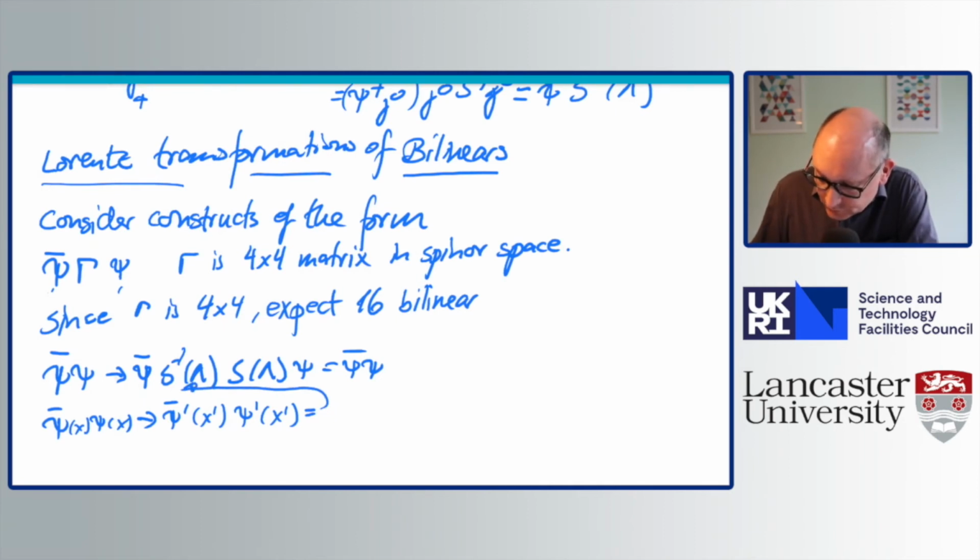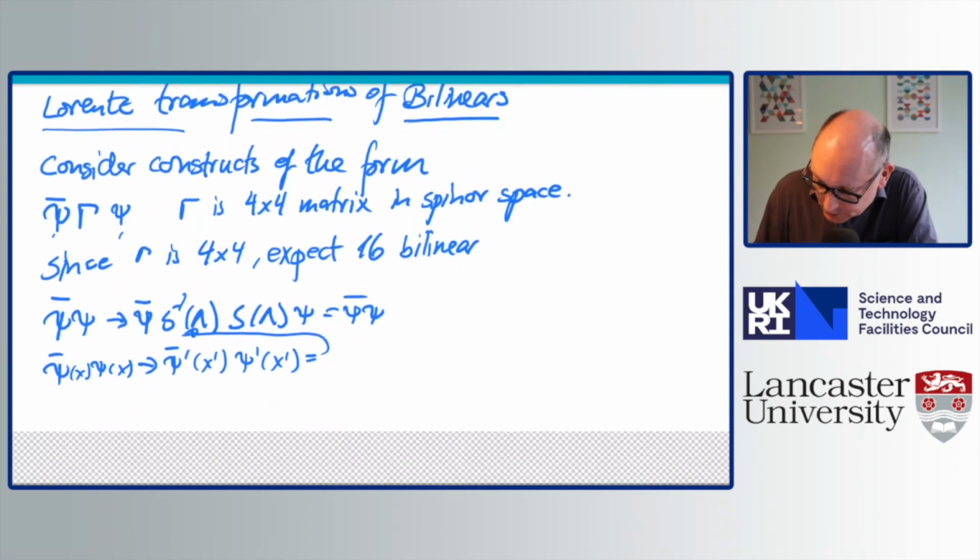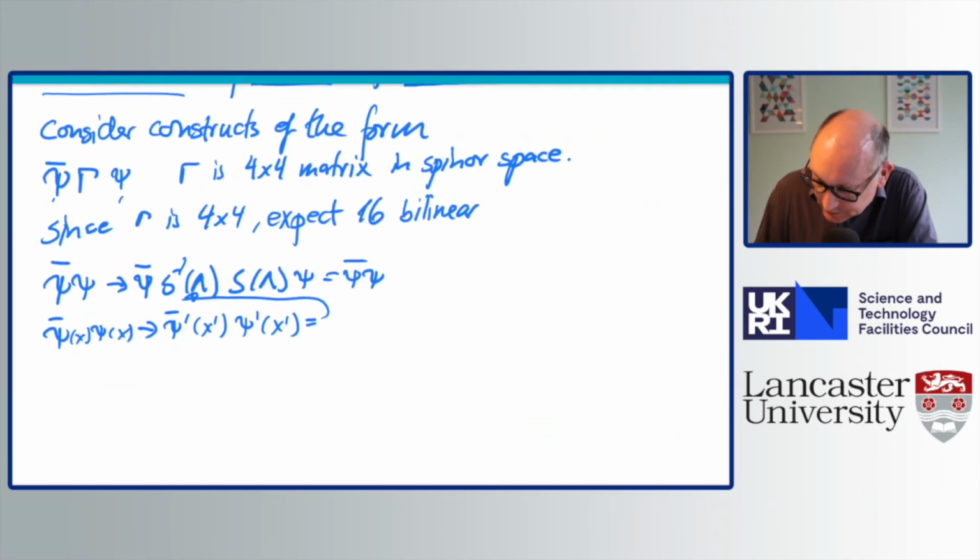When we do a Lorentz transformation, it translates into psi bar prime of x prime, psi prime of x prime, which is written up here. Good. So the product psi bar psi is invariant. It's the same in both frames. So it's invariant, it's a scalar.